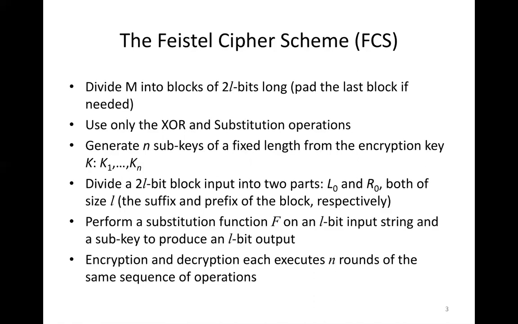So you need to work out a good substitution function. But for the Feistel cipher scheme to work, any substitution function F will do. Encryption and decryption each execute n rounds of the same sequence of operations.